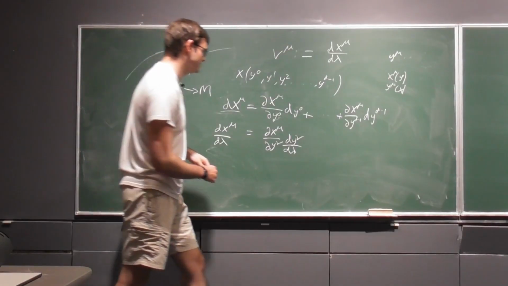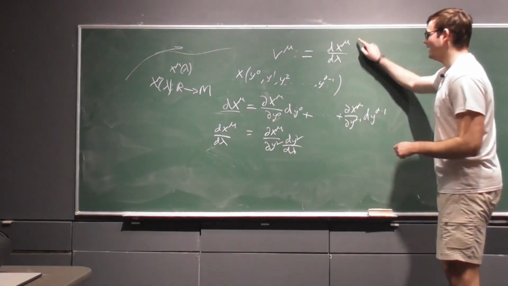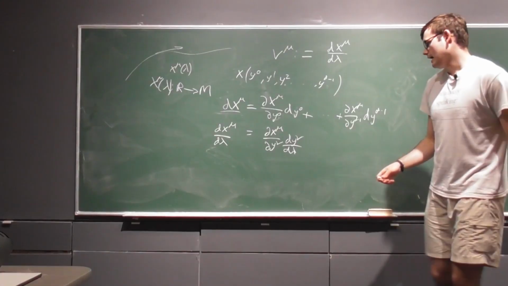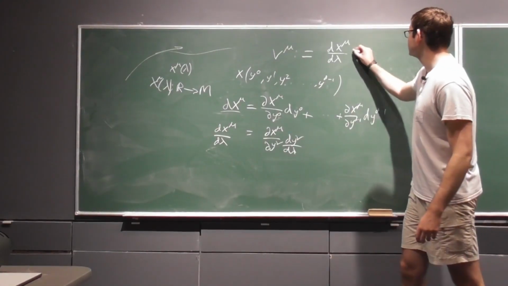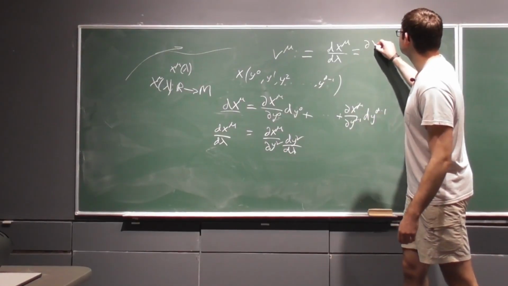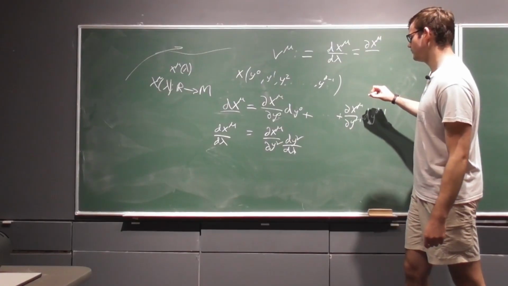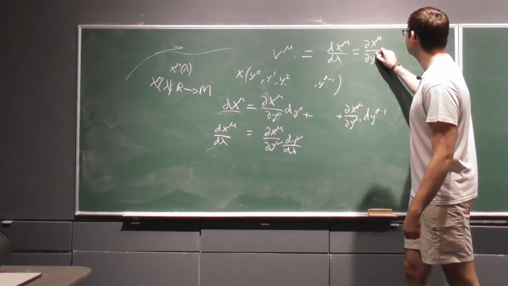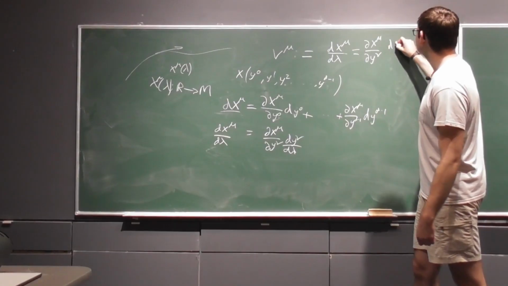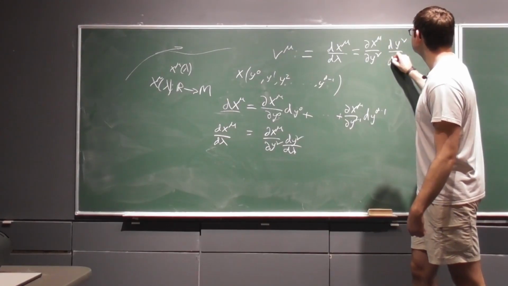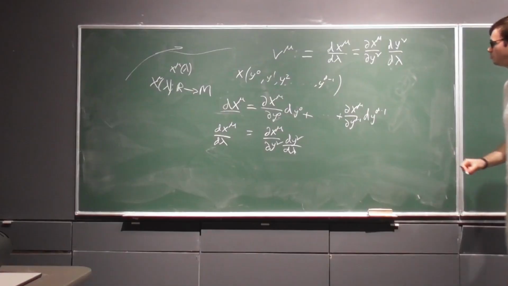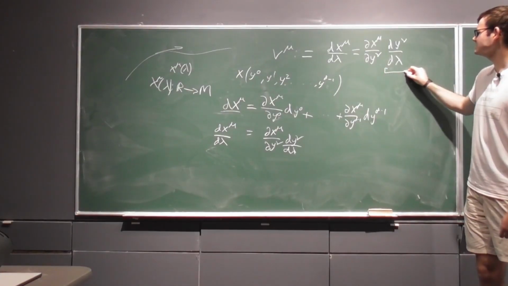So let's do this. Let's plug this in now. So we have dx d lambda, and now we know it's equal to this. So on our transformation chain, partial x mu, partial y nu, then we have dy nu d lambda. All right? Well, what does this look like?